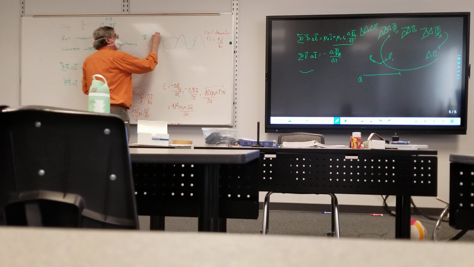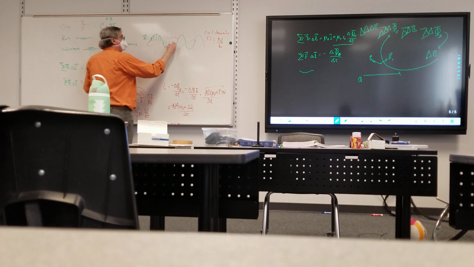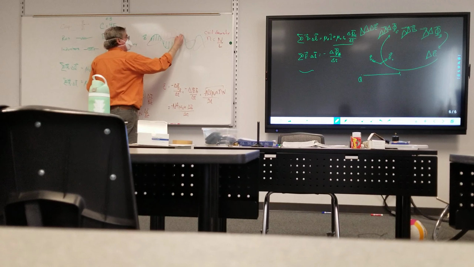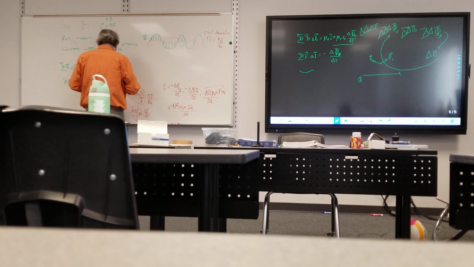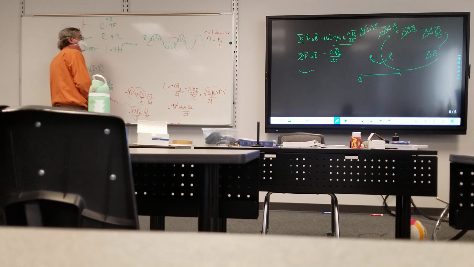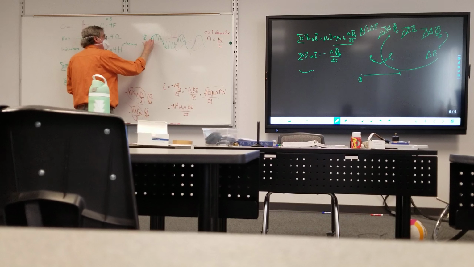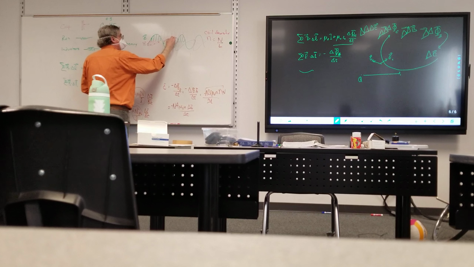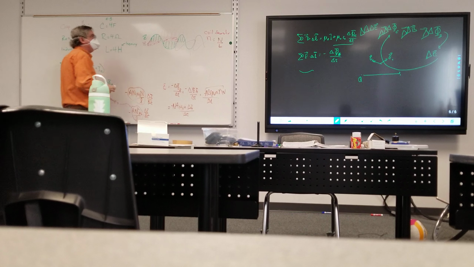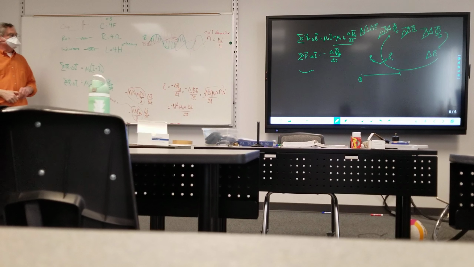So the electric field that is created, think about the actual magnitude of the electric field. It's oscillating up and down. And then my magnetic field is perpendicular to that, and so on.